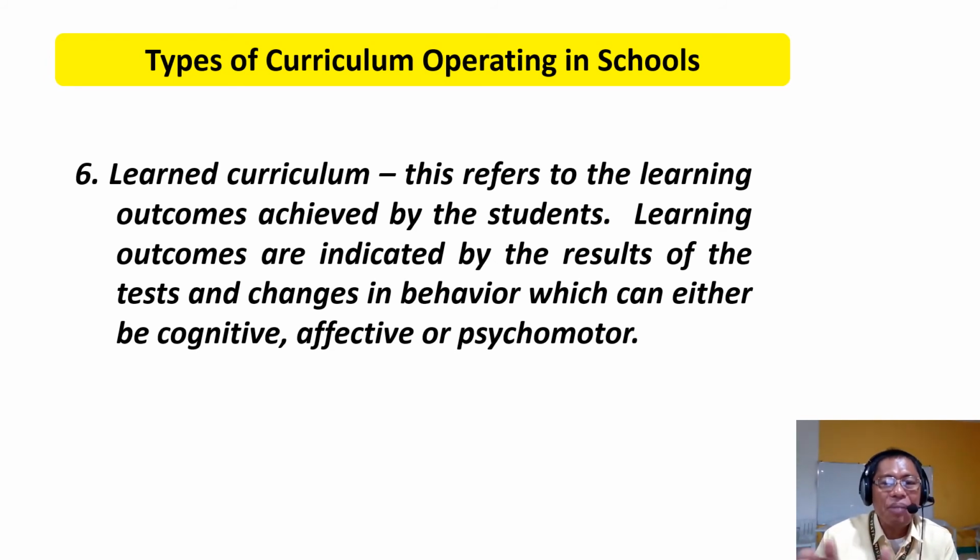Psychomotor domain, psychomotor area. Cognitive domain refers to the mind. This refers to the acquisition of knowledge, acquisition of information. Yan. Affective domain yan. Affective domain refers to the acquisition of appreciations, values, attitudes. Yan. Sa psychomotor, this has something to do with movement, body coordination.